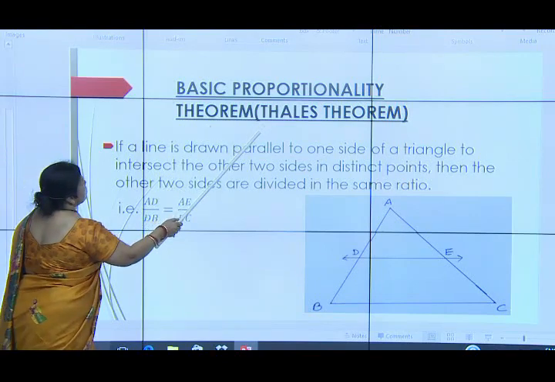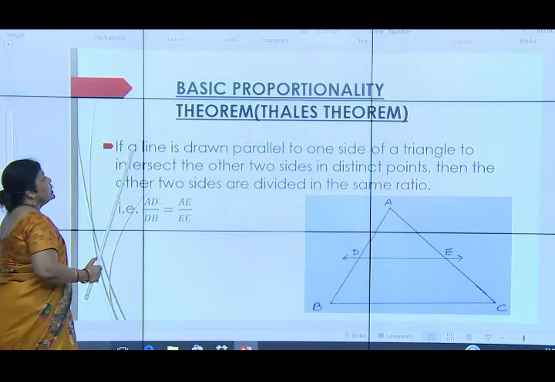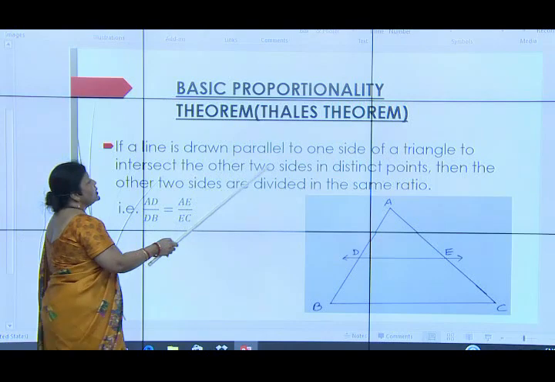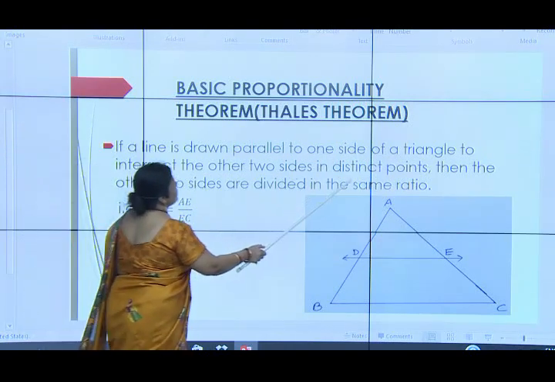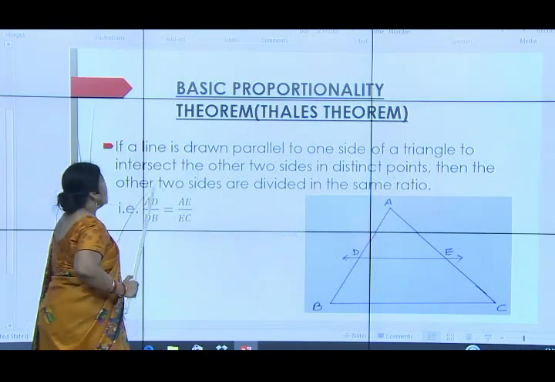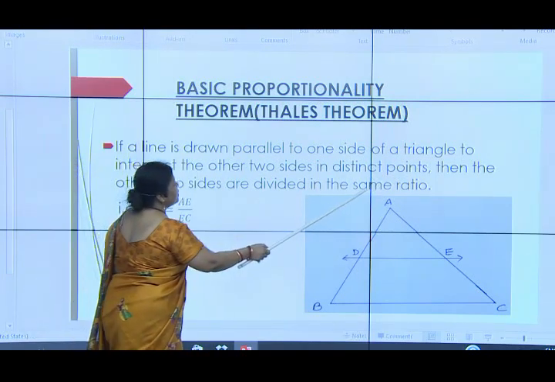Basic proportionality theorem, Thales theorem. If a line is drawn parallel to one side of a triangle to intersect the other two sides in distinct points, then the other two sides are divided in the same ratio.